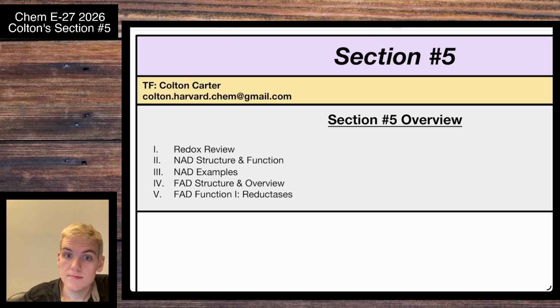And when we regenerate FAD, can we just write the letters FAD instead of redrawing it, or do we always have to redraw it when it's regenerated? I do fear you always have to redraw it. Even this, where I'm doing this, feels a little bit cheap. I don't know if they would let that slide on the exam or not.